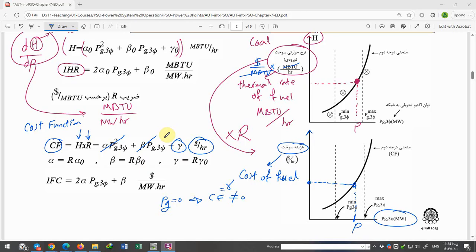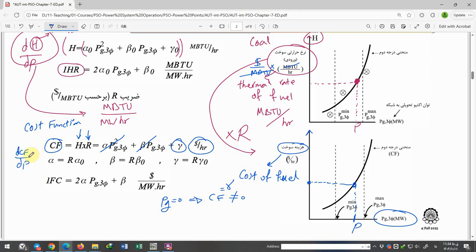And if you want to calculate the rate of generating power, you have to find the derivative of cost function with respect to active power.